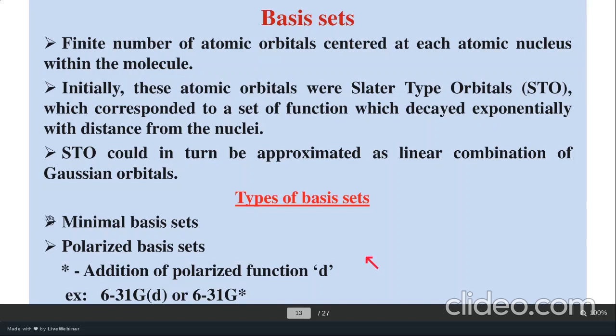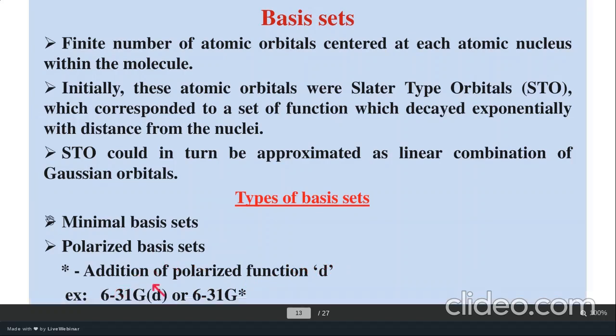Here the 6-31G means that the orbital is modeled by the contribution of 6 Gaussian type orbitals. The 6-31G means its total overall orbital is modeled by the 6 Gaussian type orbitals, which was shown earlier.